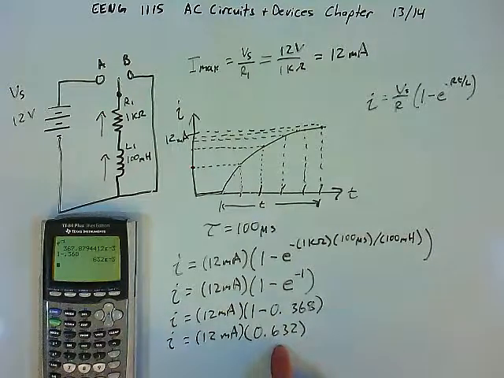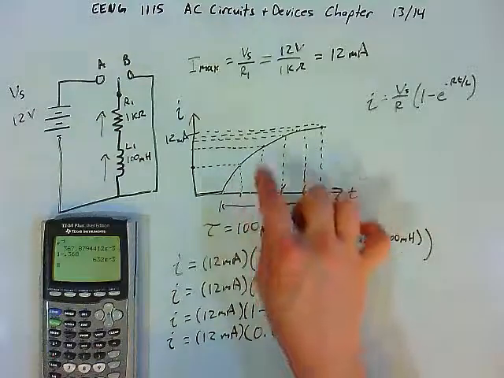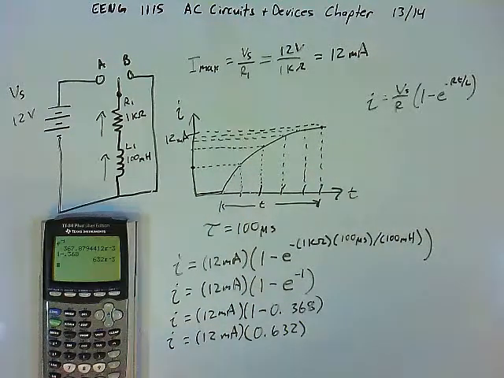The book will tell us that after 1 time constant, we will have risen to 63.2% of the total maximum possible current that can flow in the circuit. That's exactly what we're seeing here. You see that the maximum is 12 milliamps. We're multiplying by 0.632, which is the same thing as 63.2%.